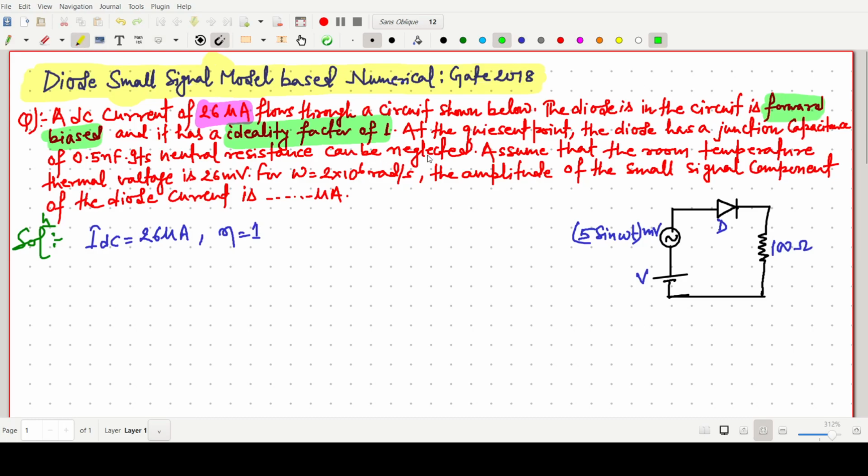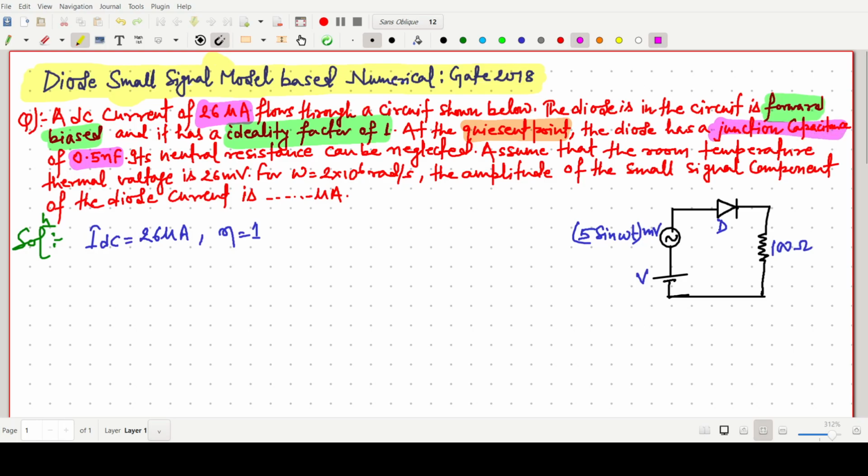Next, at the quiescent point, or we can say at the Q point or operating point, the junction capacitance is given as 0.5 nanofarad.